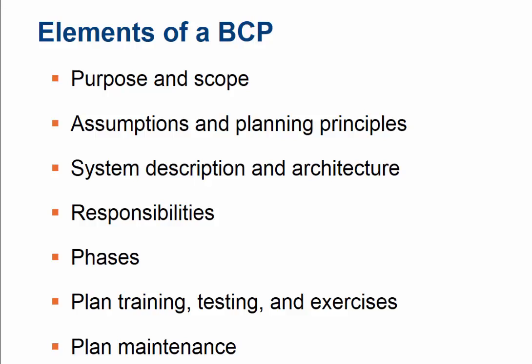For example, the following sections basically make up a BCP: purpose and scope, assumptions and planning principles, system description and architecture, responsibilities, notification, activation phase, recovery phase, reconstitution phase, plan training, testing and exercise, plan maintenance.